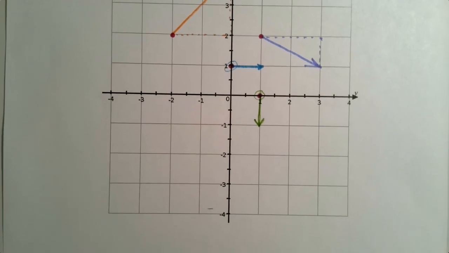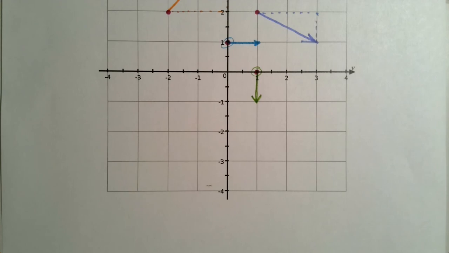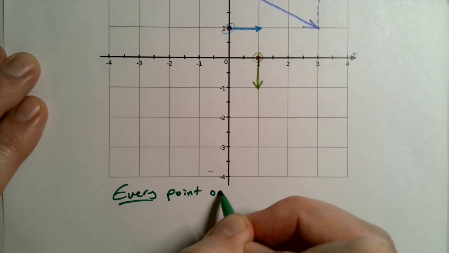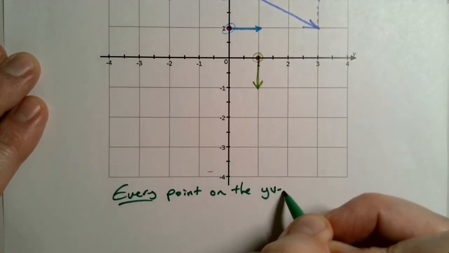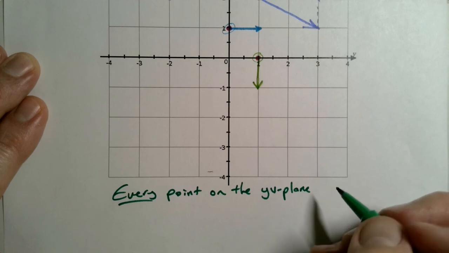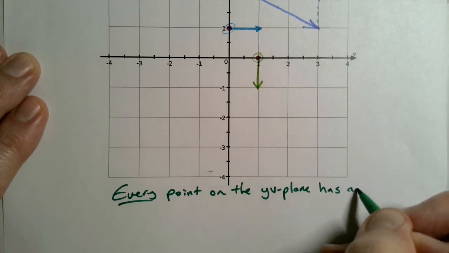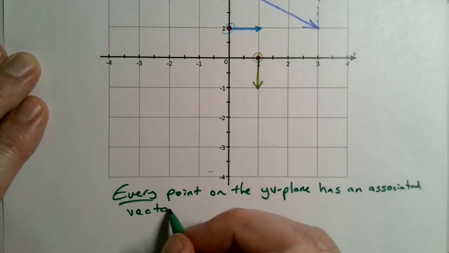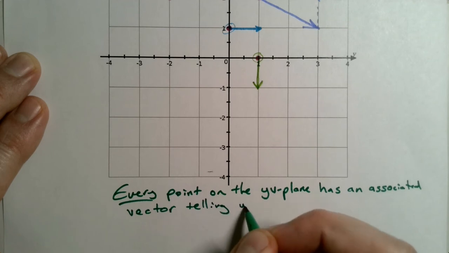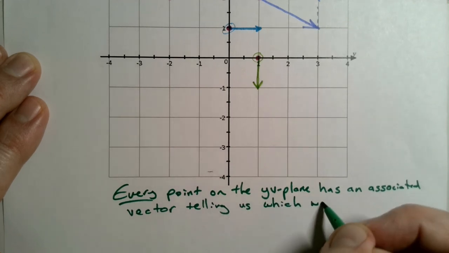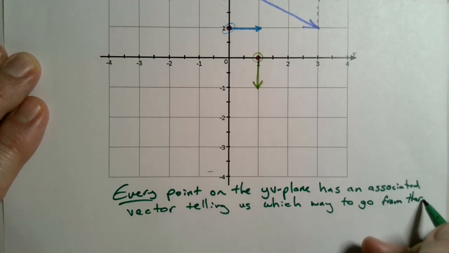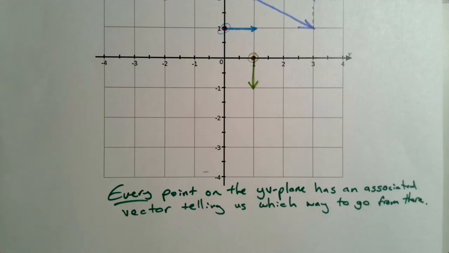The point that I'm trying to make is every point on the YV plane, on that phase plane, has an associated vector telling us which way to go from there. So if you start at any point on the phase plane, the vector field value tells you which direction to go.